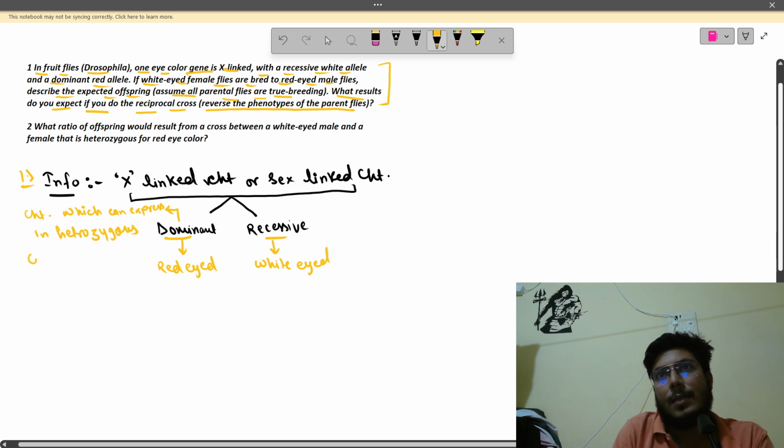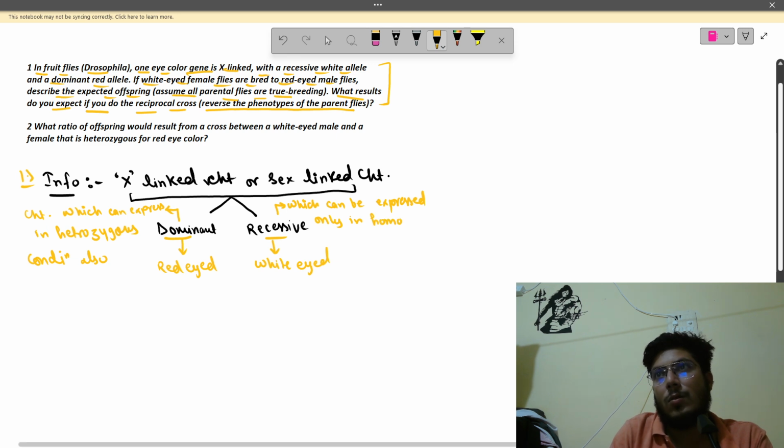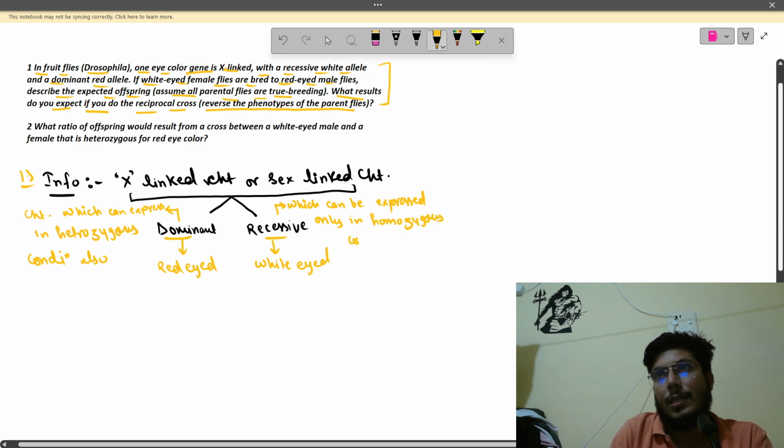And recessive characters are those which can be expressed only in homozygous condition.